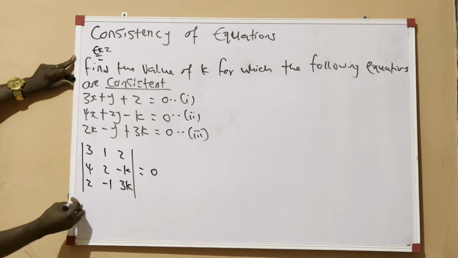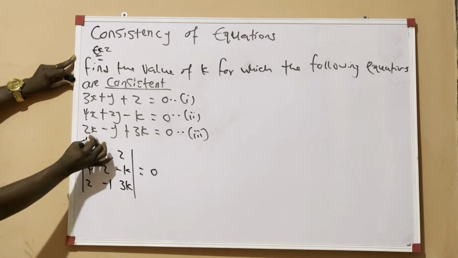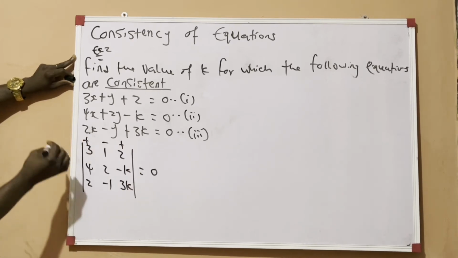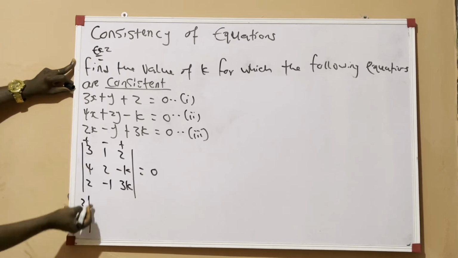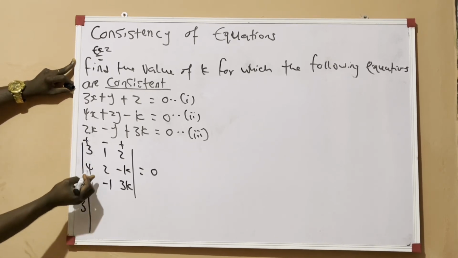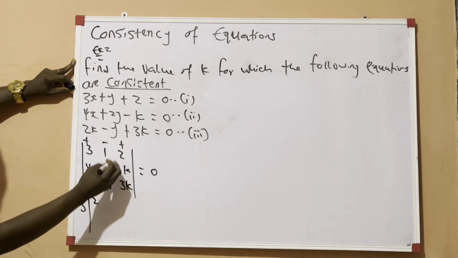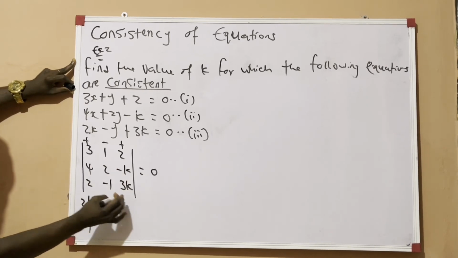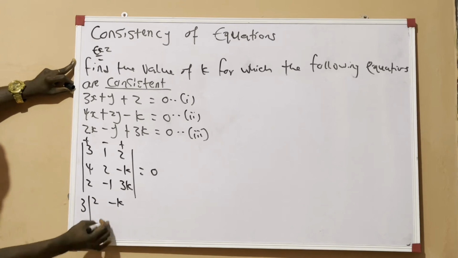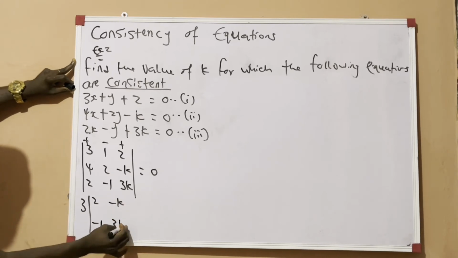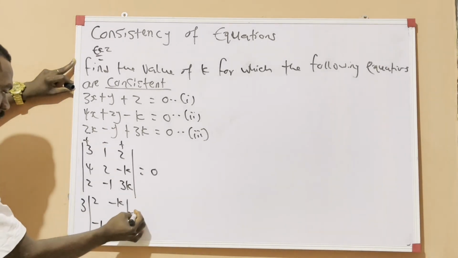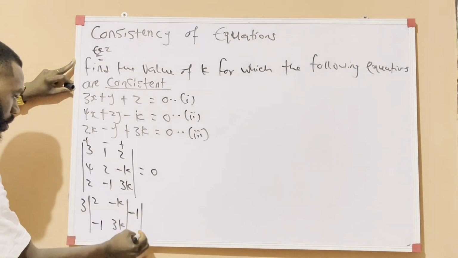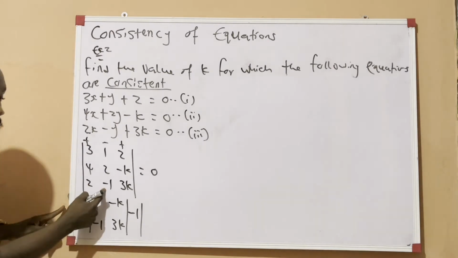Here becomes 3. So a positive, negative, and positive. So here becomes 3. I'm deleting the 2 elements under 3. I have 2. I have minus k. I have minus 1. And I have 3k. So I have negative 1. Alright, so deleting the 2 elements under negative 1.